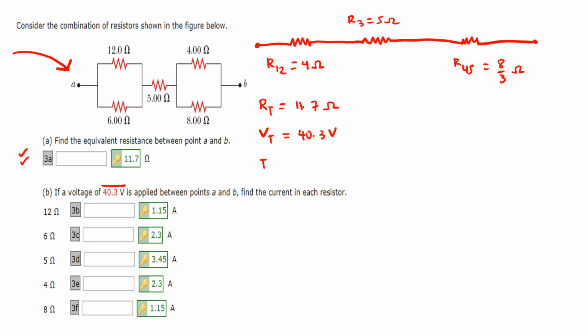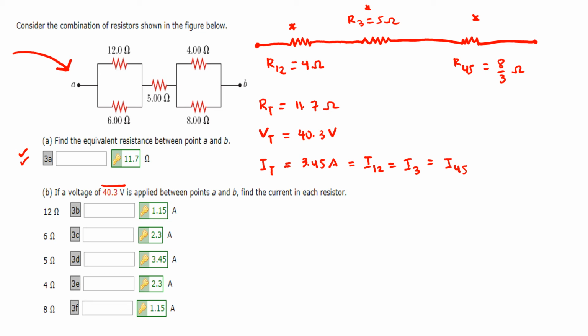Therefore we were able to solve for the total current, which is 3.45 amperes. Since resistors R12, R3, and R45 are in a series circuit, 3.45 amperes is equal to I12, that's equal to I3, and that's equal to I45.